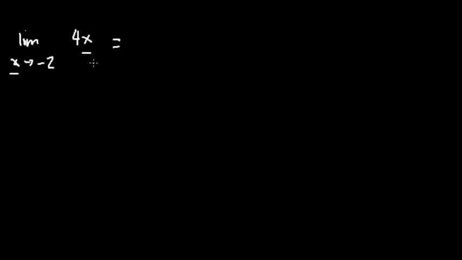So, in other words, kailangan na natin i-substitute yung value na ina-approach ng variable sa ating function. Which in this case, ang x natin ina-approach yung -2. So, we just need to substitute -2 for x. So, our limit will be equal to -8. That will be the limit of x as it approaches -2 of the function for x.